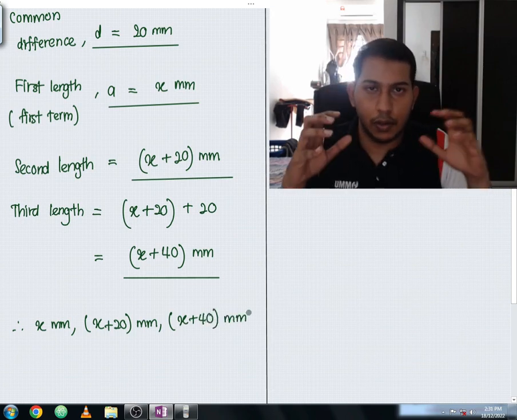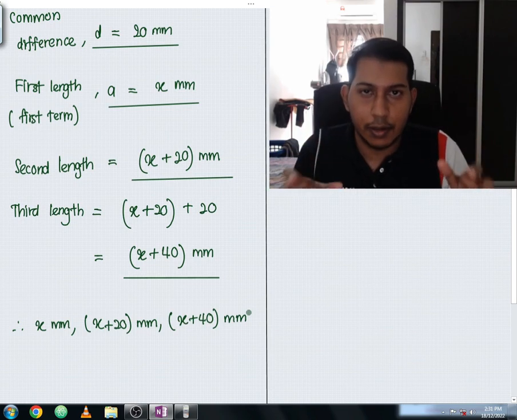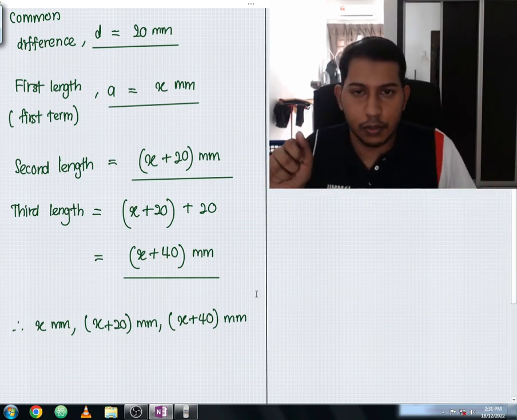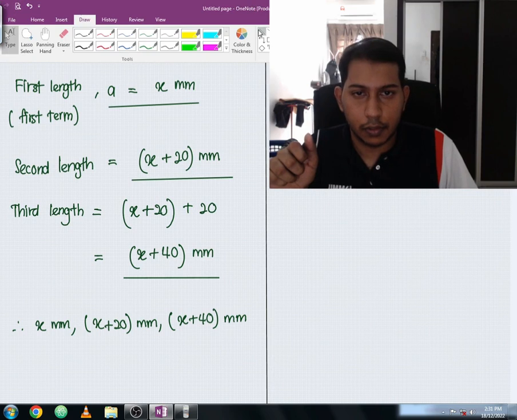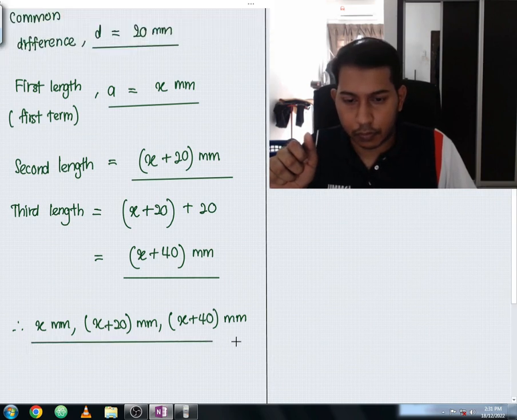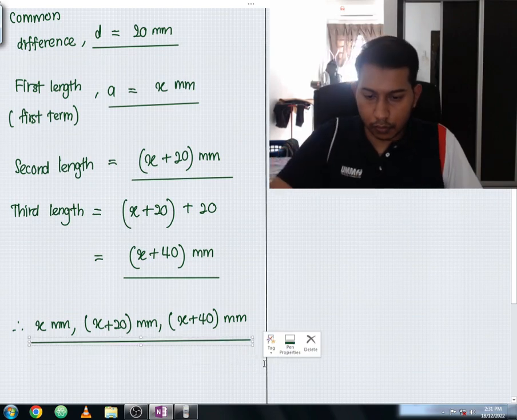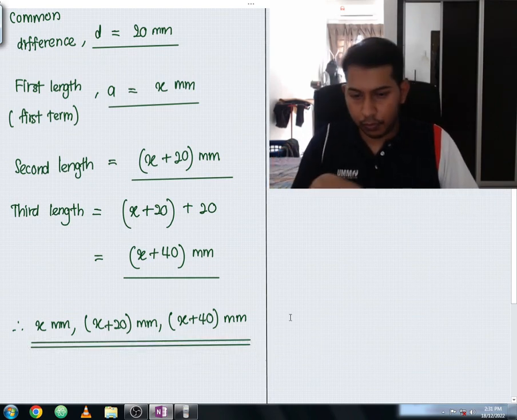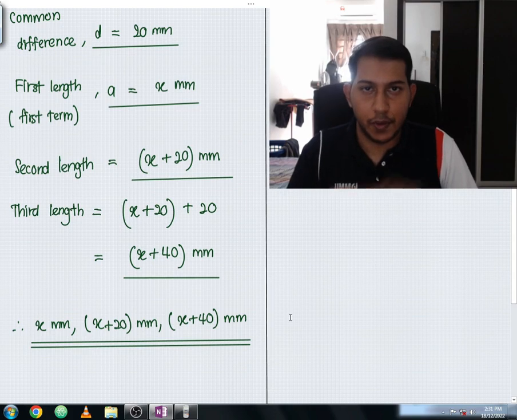So this is your answer for question part A. So let me underline the solution. Okay, so we have done with question part A.